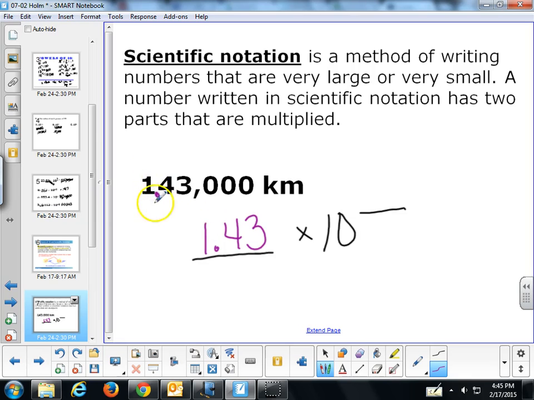So I'm just writing 1.43. Now, I don't really want 1.43, so where does the decimal belong? 2, 3, 4, 5 places to the right. So the scientific notation of 143,000 kilometers is 1.43 times 10 to the 5th.